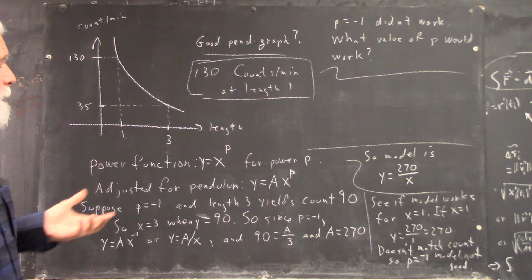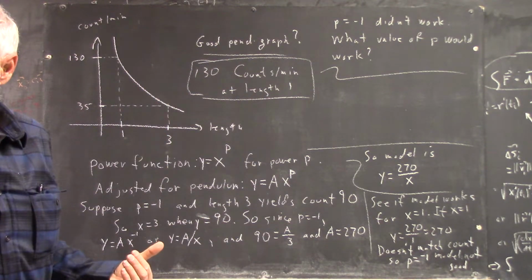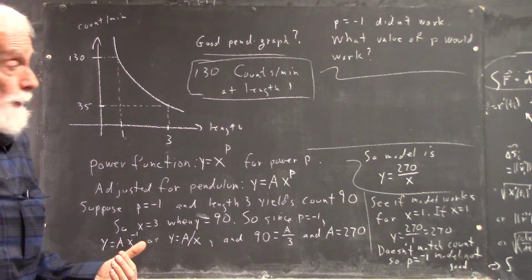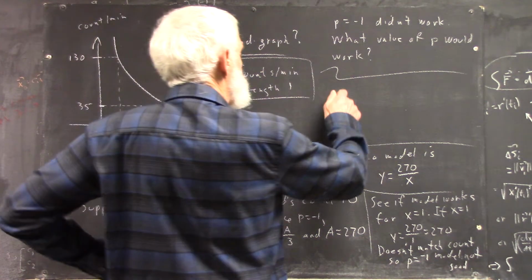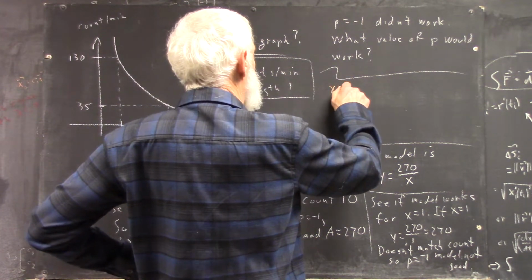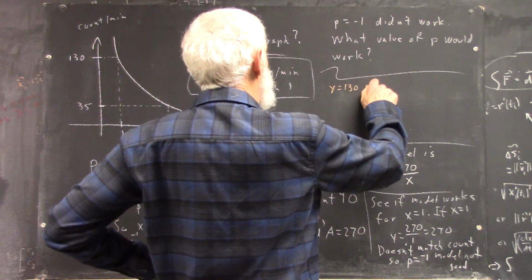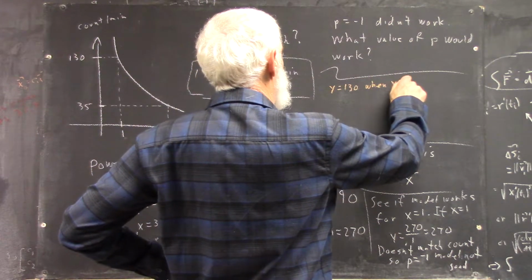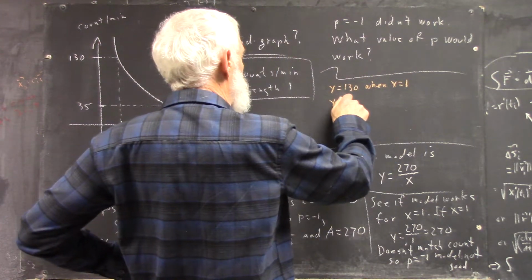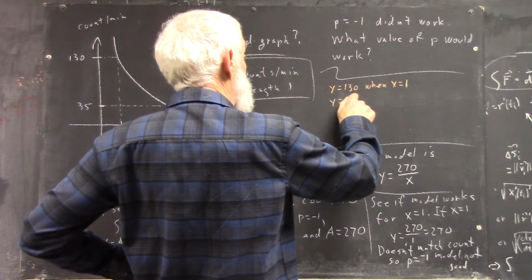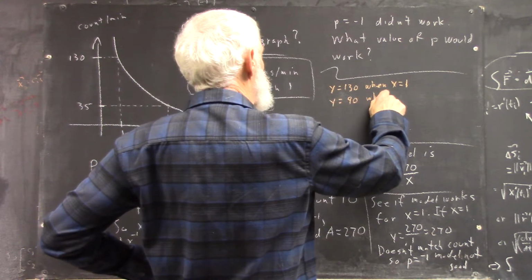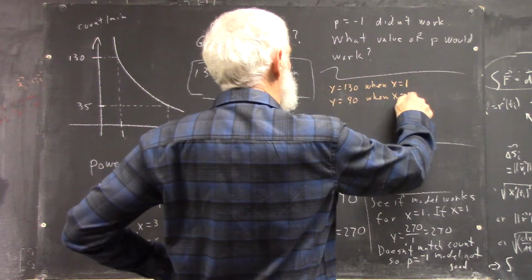We actually have 2 data points, don't we? Okay? So let's say we know that y equals 130 when x is 1, and y equals, let's say, 90 when x equals 3.